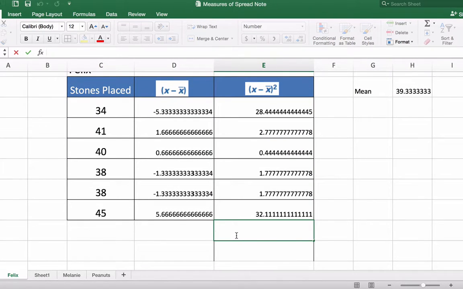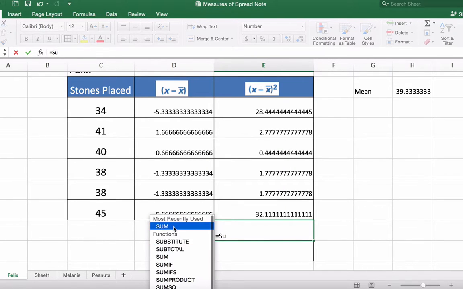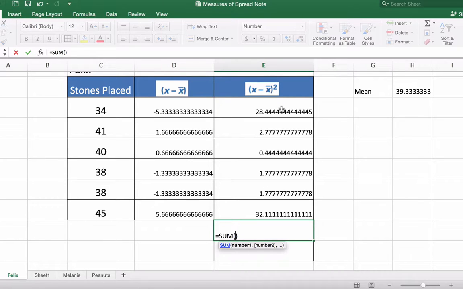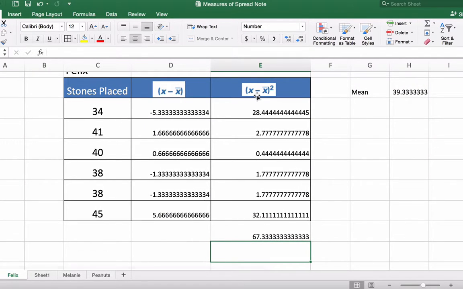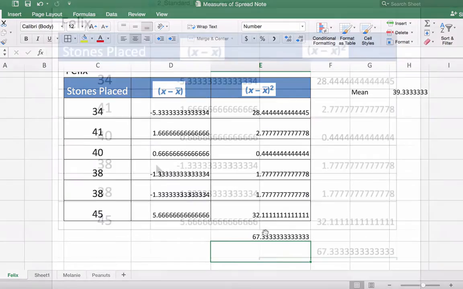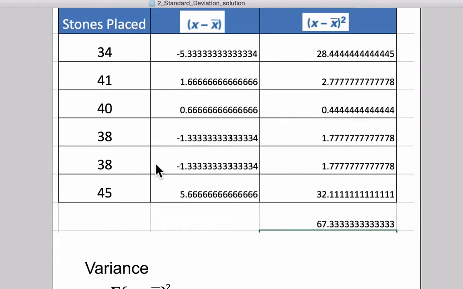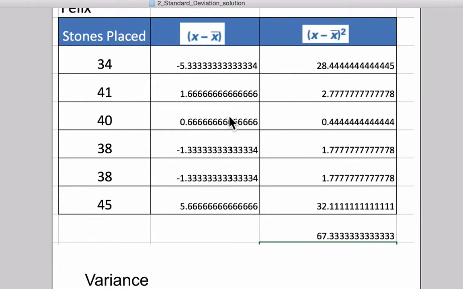So if I want to add up this particular column, there's a couple ways I can do this. So sum is my sum function, and just highlight the values and press enter. And so this value, now this is the sum of x minus x bar squared, is equal to 67.3 repeating. All right, so I pasted my results over, and you'll notice again we have the data values minus the mean, and then we've taken that value and squared it.